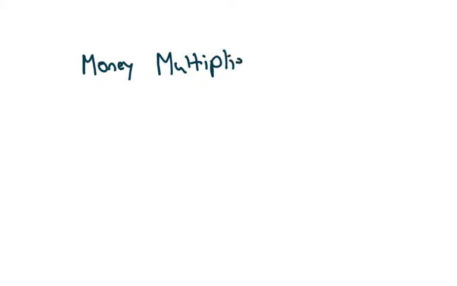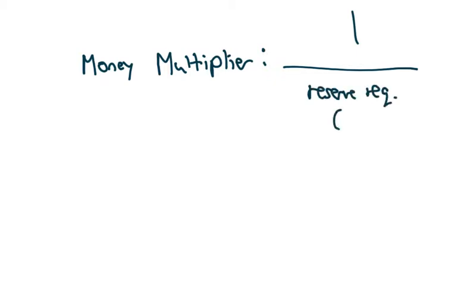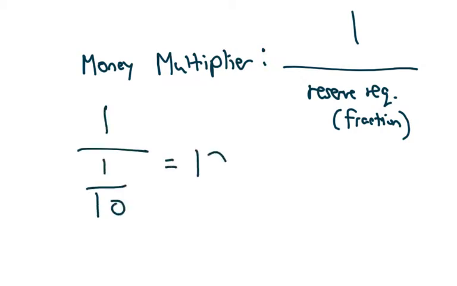And here is how it works. What you're going to do is take 1 over whatever your reserve requirement is as a fraction. So for example, if the reserve requirement's 10%, to get your multiplier, 1 over 10, and that equals 10.